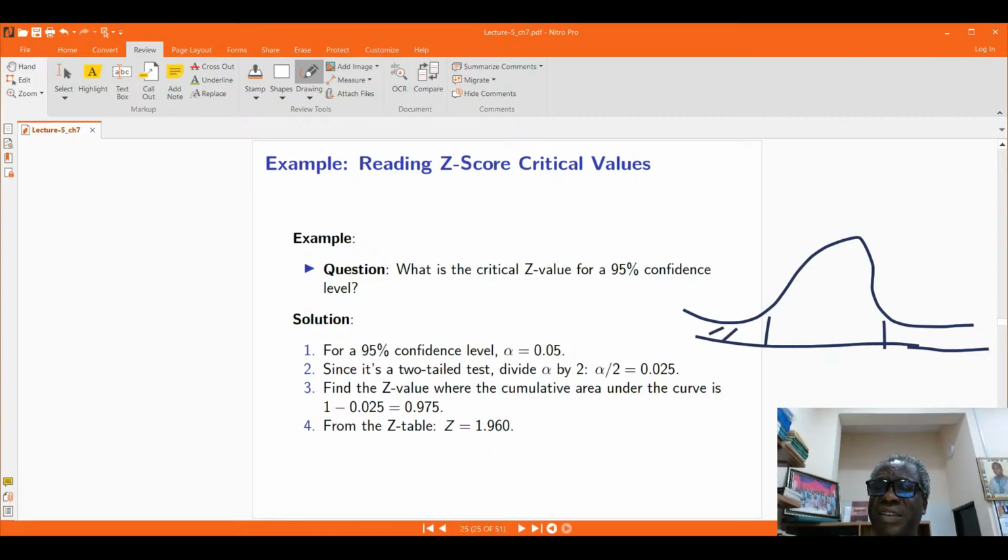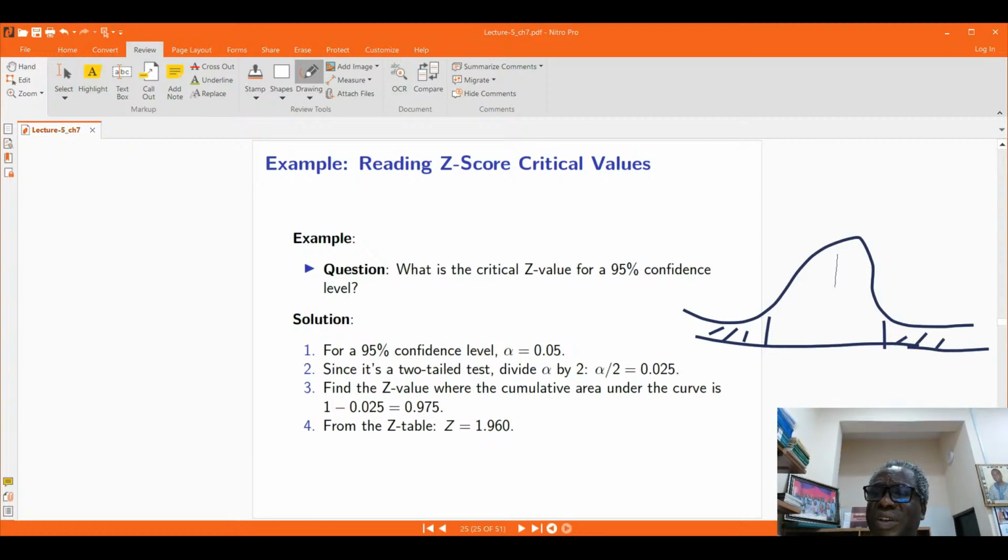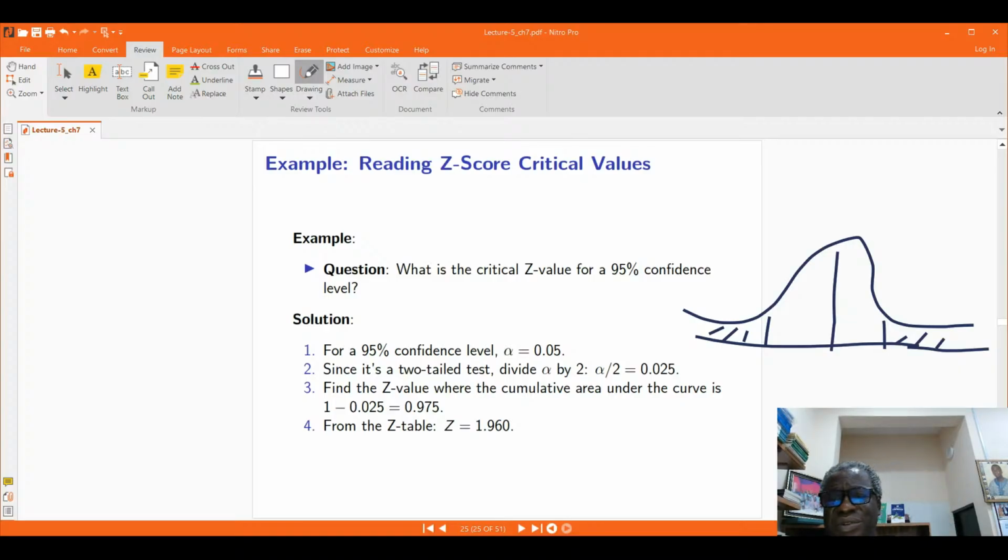So this part is 0.025, and this is the center, 0. We now need to find the Z value where the cumulative area under the curve is 1 minus 0.025. I will explain how that is.